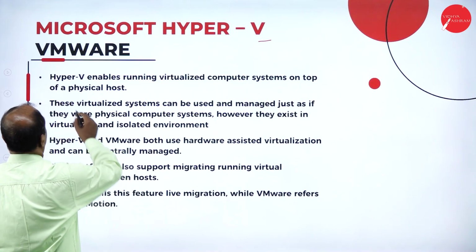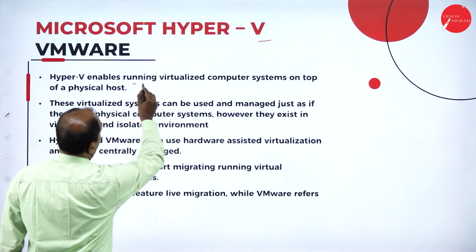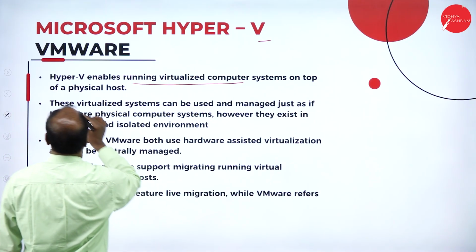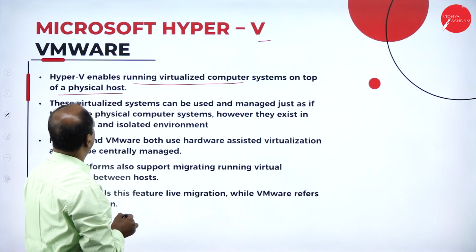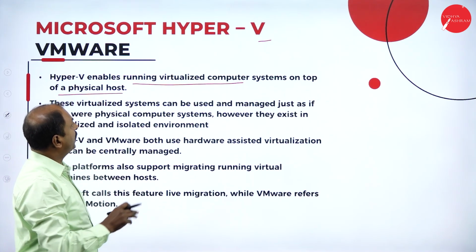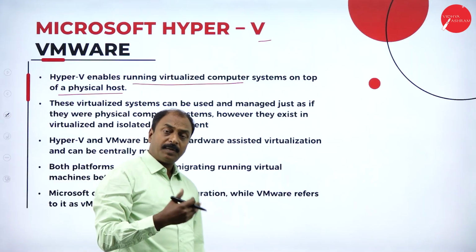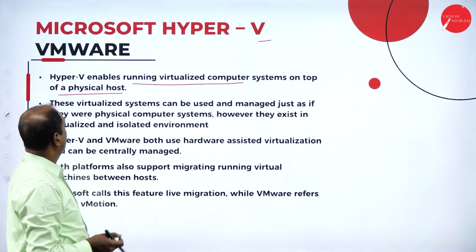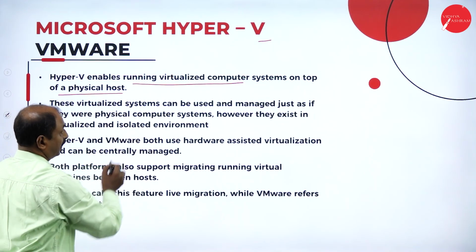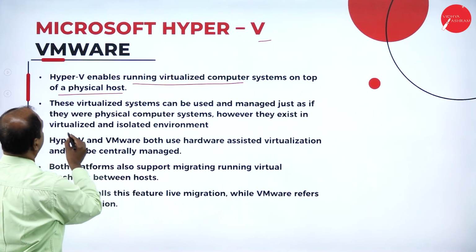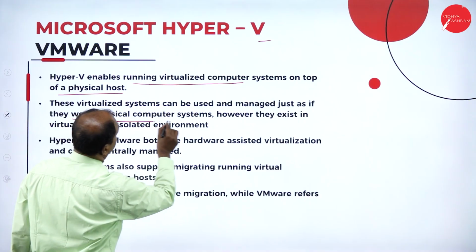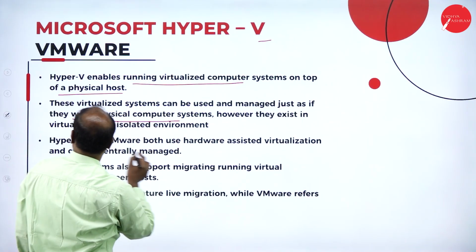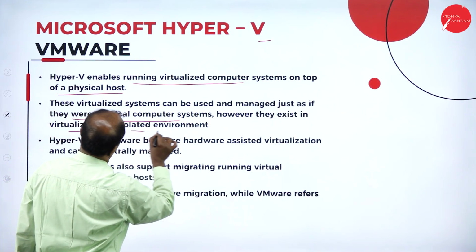Here Hyper-V enables running virtualized computer systems on top of a physical host. It is a type of virtual machine that enables the virtual environment on top of the physical host. These virtualized systems can be used and managed just as if they were physical computer systems. However, they exist in a virtualized and isolated environment.